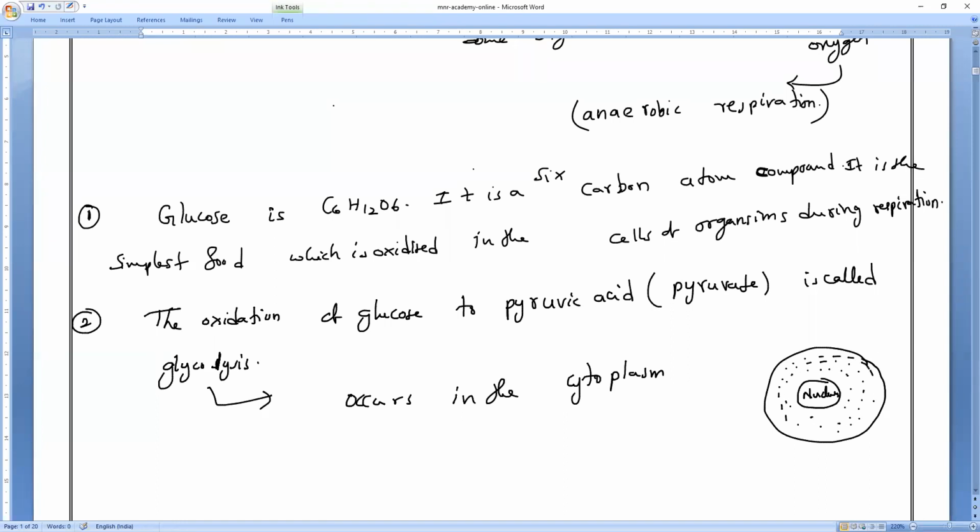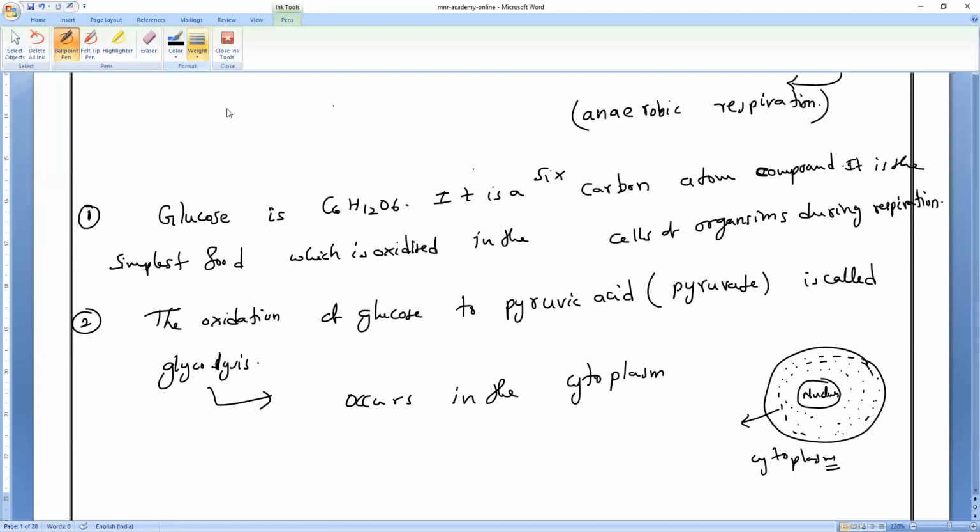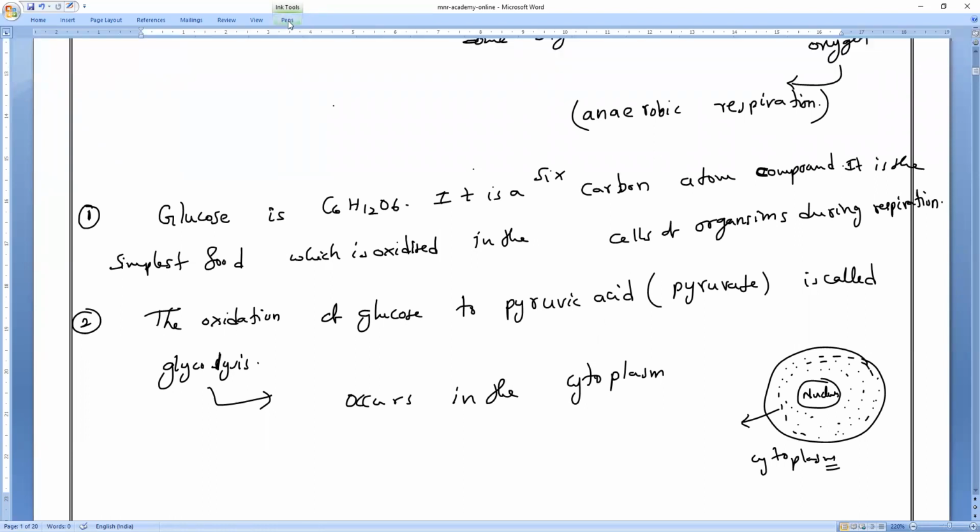So the conversion of glucose into pyruvic acid takes place in the cytoplasm of the cell, and it does not occur in the mitochondria. Yesterday I told you the mitochondria is the energy currency of the cell. But converting glucose into pyruvic acid does not occur in the mitochondria. It occurs in the cytoplasm. That is what you have to remember.